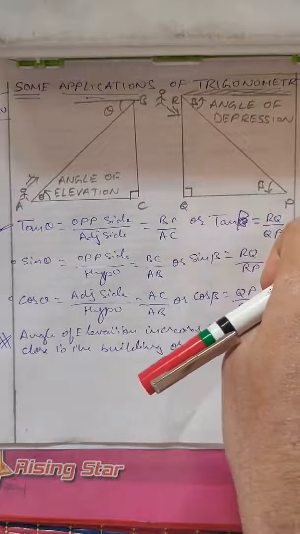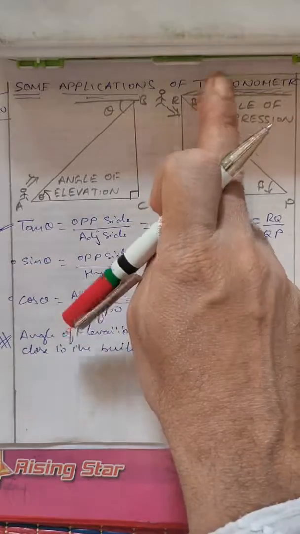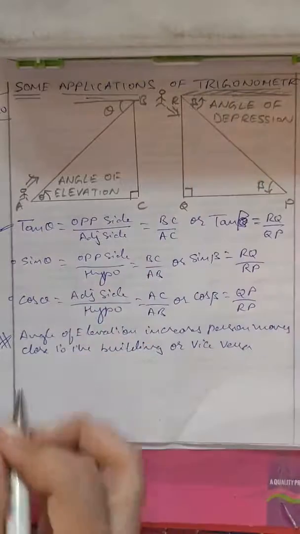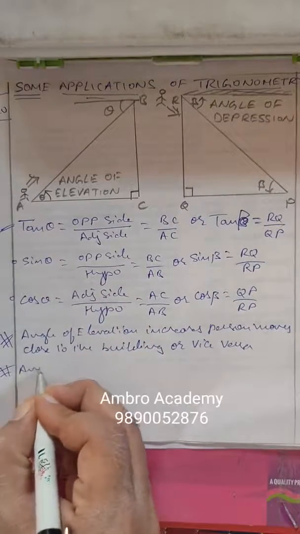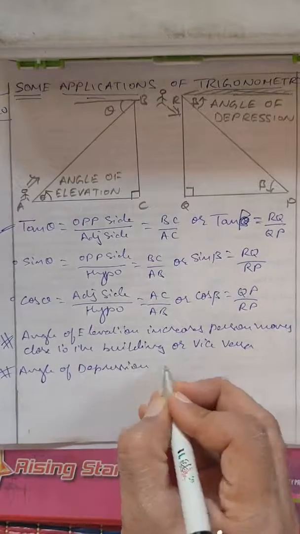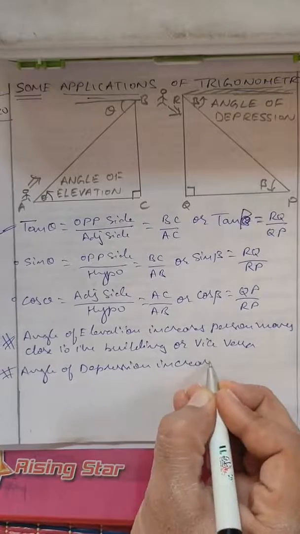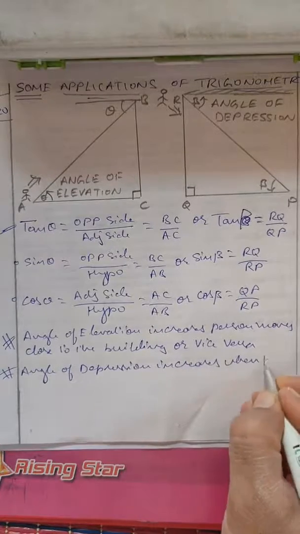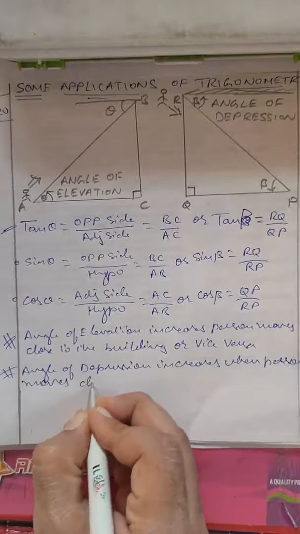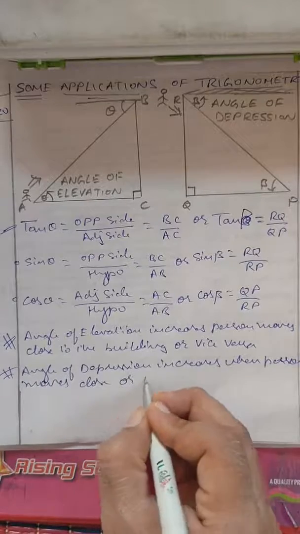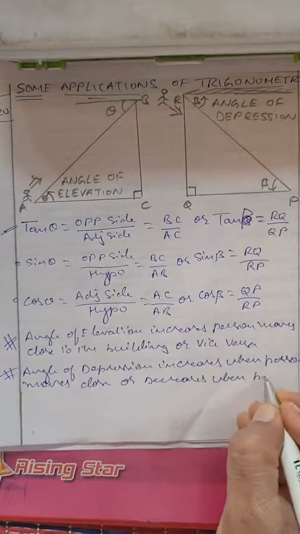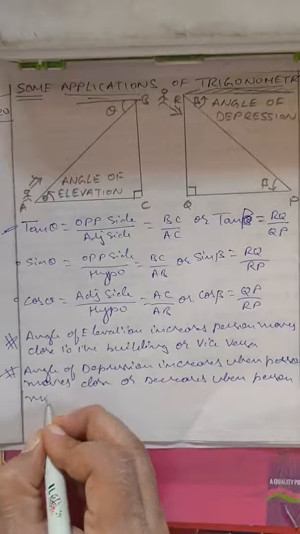But when the person moves away from the tower, this angle goes on increasing. So: angle of depression decreases when the person moves close, or increases when the person moves away.